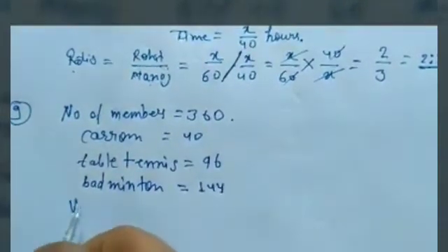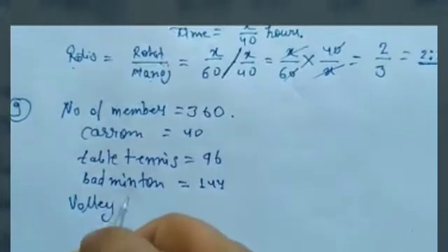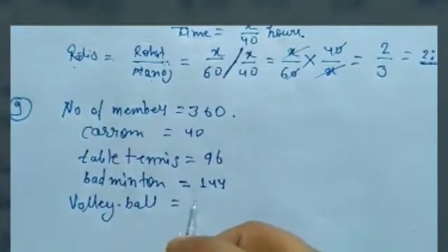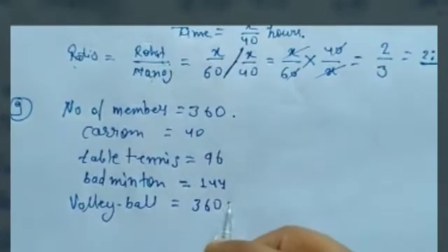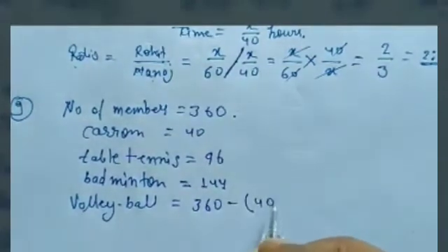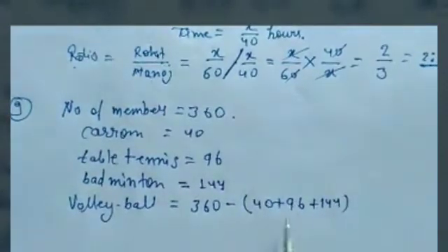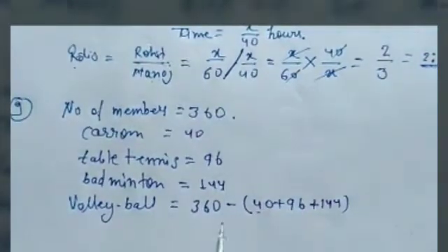Remaining students for volleyball equals 360 total students minus these students, means 40 plus 96 plus 144. Subtract these players from total members.